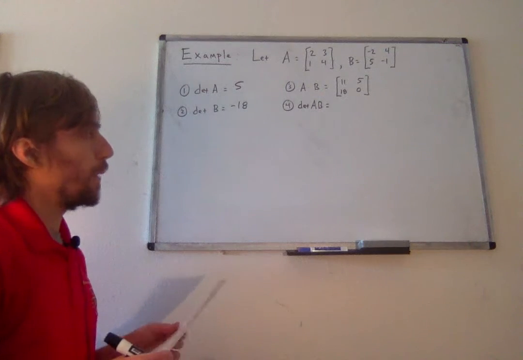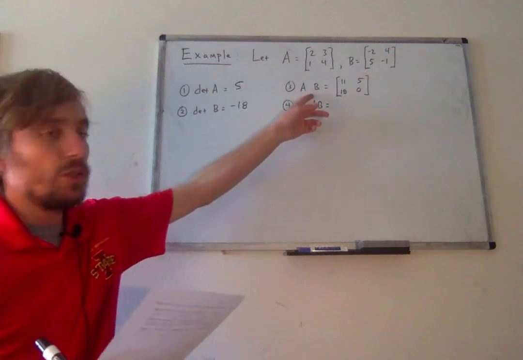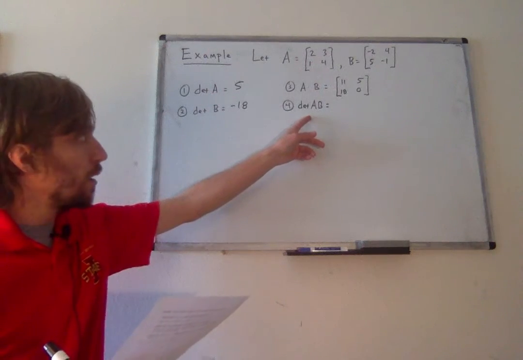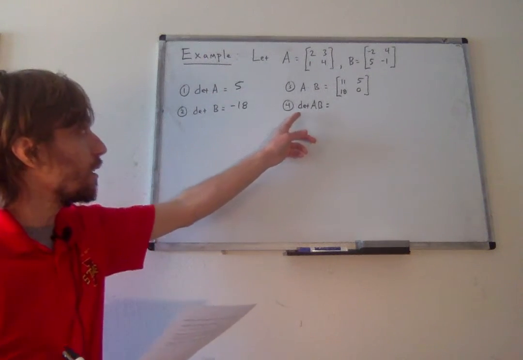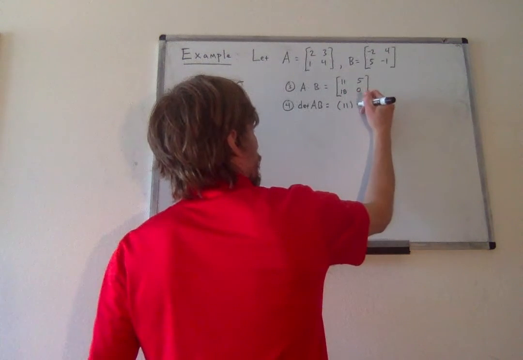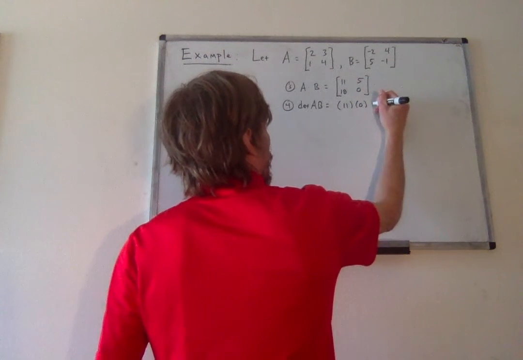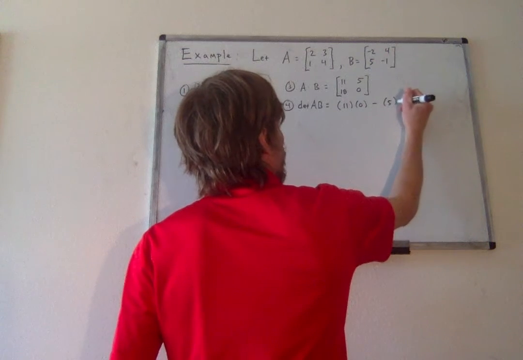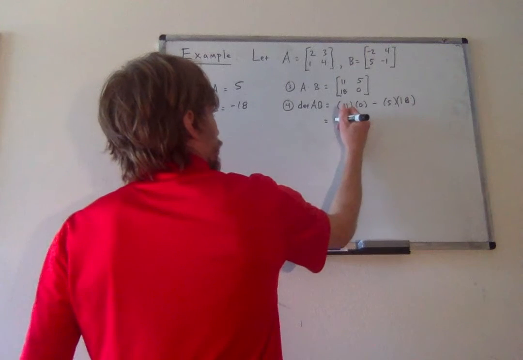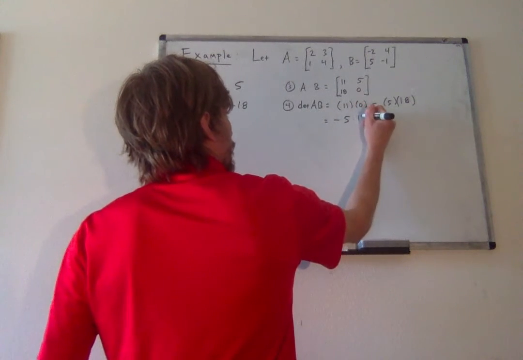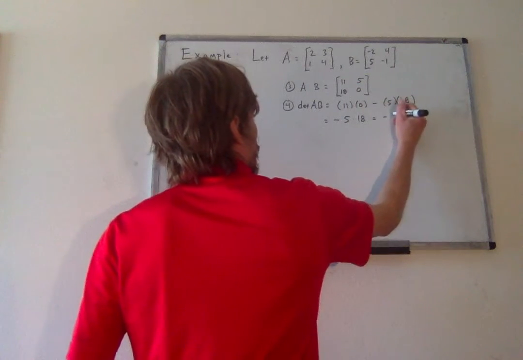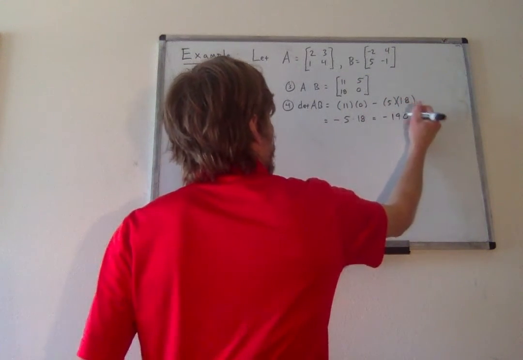All right, well, we can now use this matrix to calculate the determinant of A times B. And maybe you see what's happening here, because the determinant of A times B is equal to 11 times 0 minus 5 times 18, which is equal to -5 times 18, which is equal to -90, but that number isn't as important.